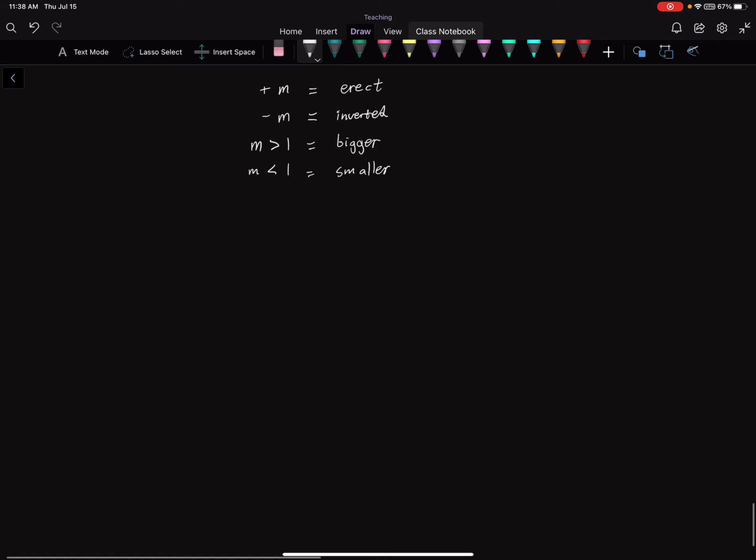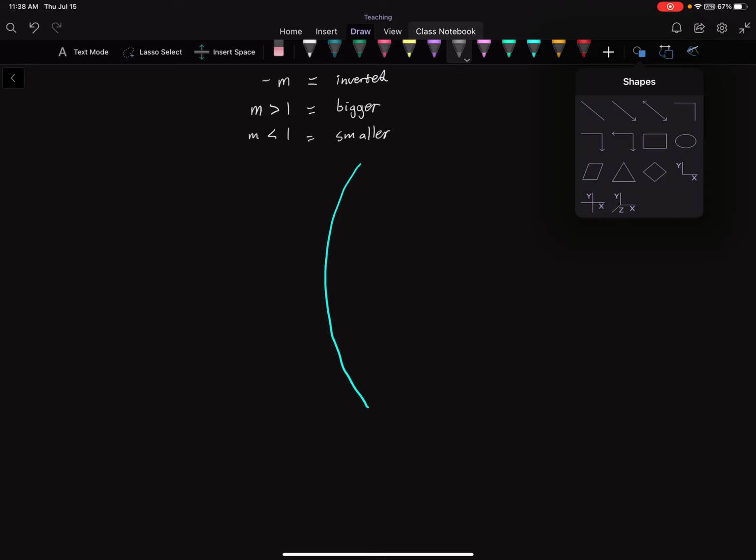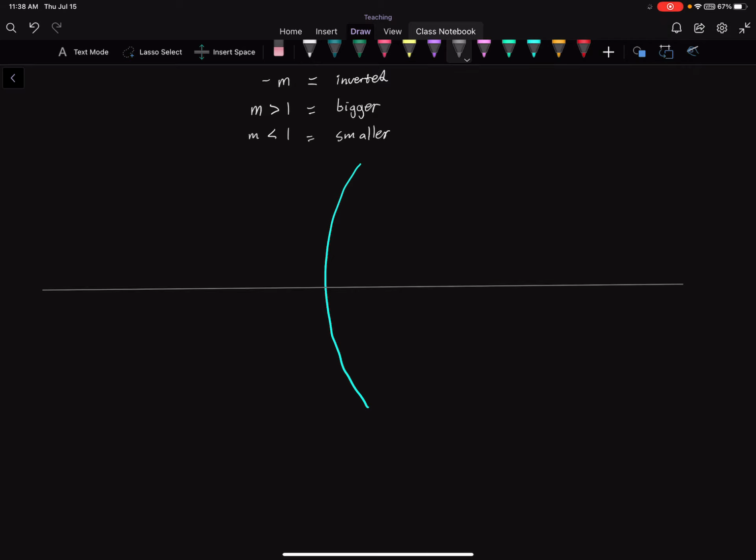So I'll draw it out, but we won't address a full derivation because it's going to result in the exact same thing. So I'm just going to do a quick drawing to let you know what it in general looks like. We have the optical axis here.